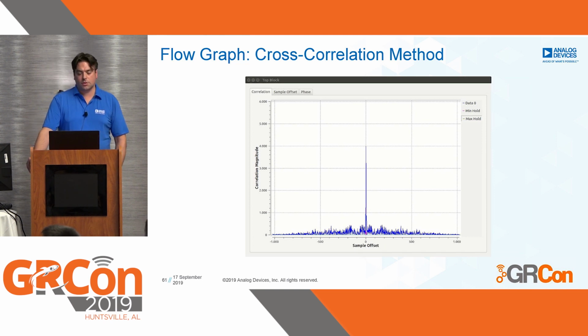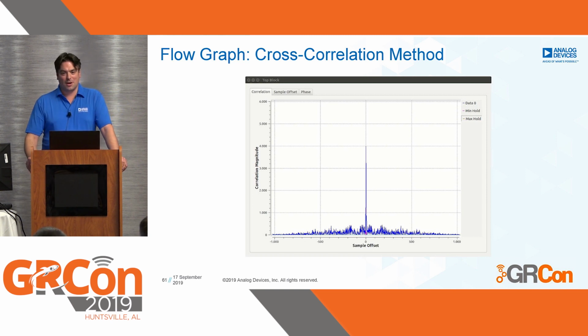This shows the cross-correlation, then the sample offset, and we see we have no sample offset, and we can also measure the phase. You can start playing with your radio. If you start turning on some calibrations on one device and not on the other device, you actually see that you get a sample offset. So these blocks are really handy, and if someone is interested, they exist on our GitHub.